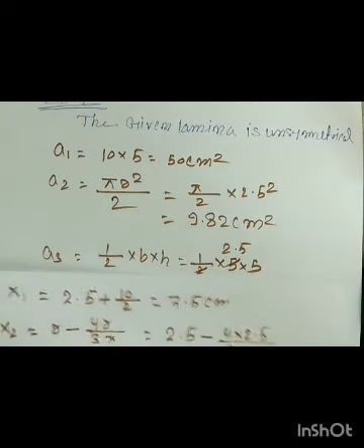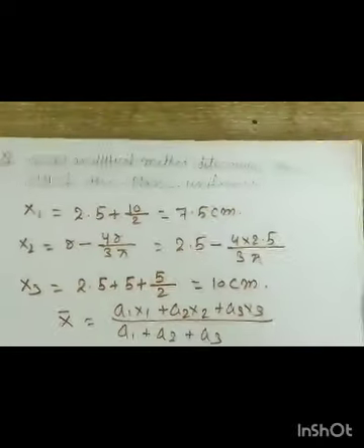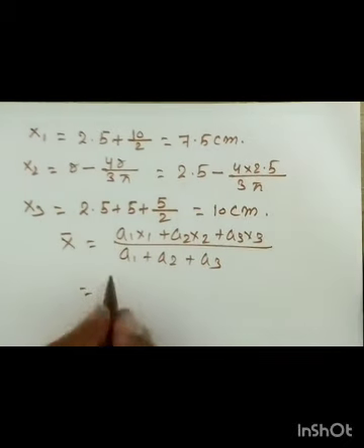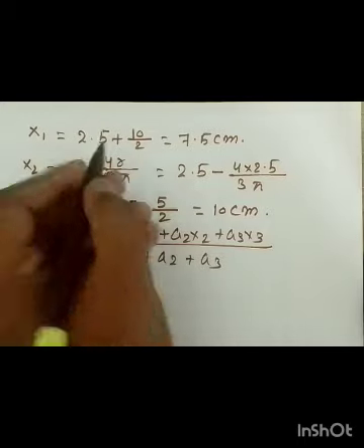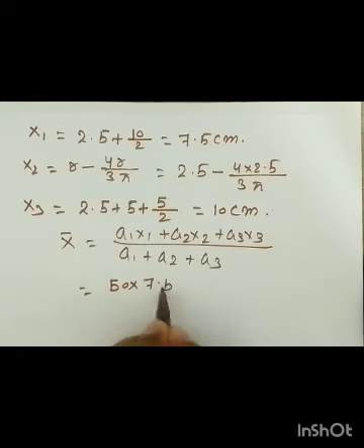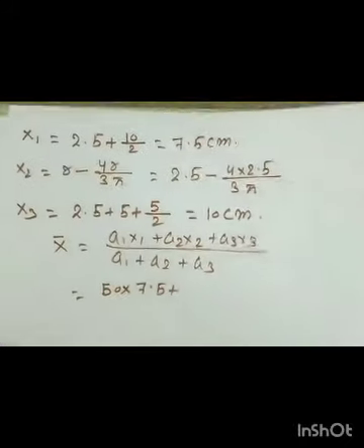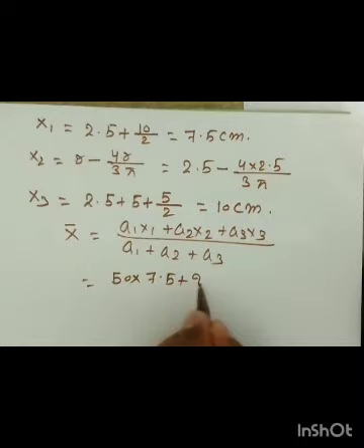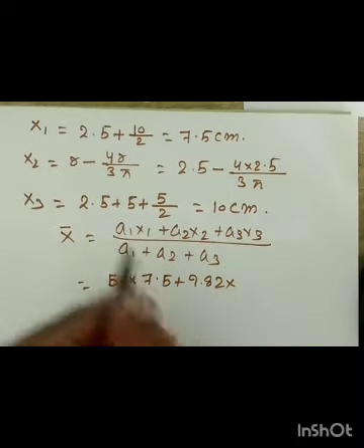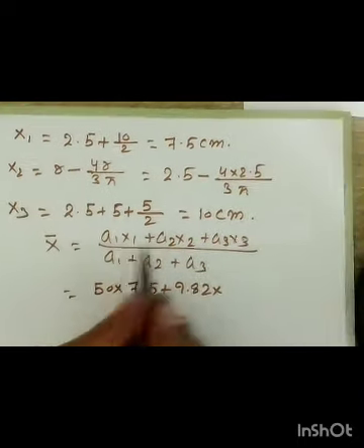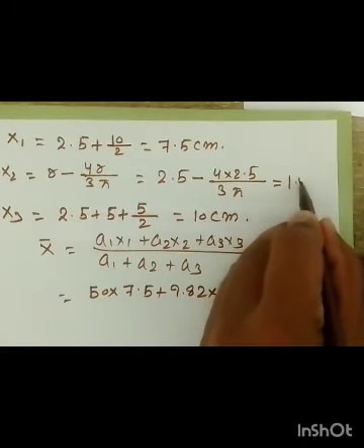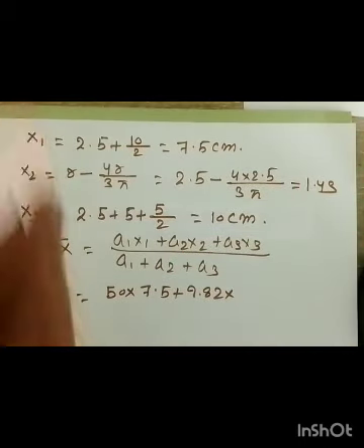So a1 is 50. x1 is what? 7.5. Here A2 is 9.82, and x2 is 1.43 from that y-axis.